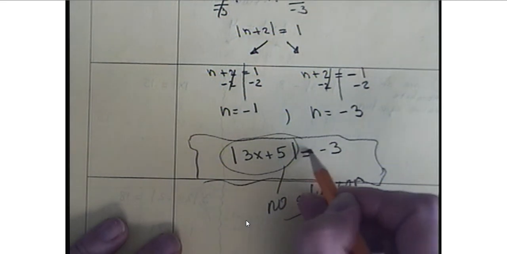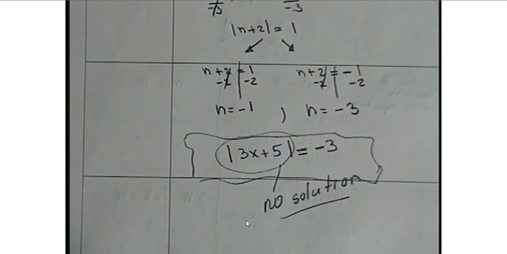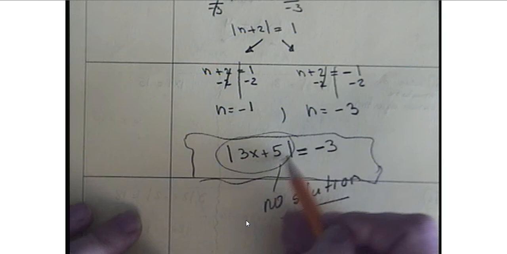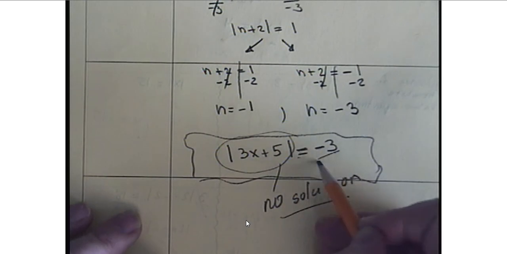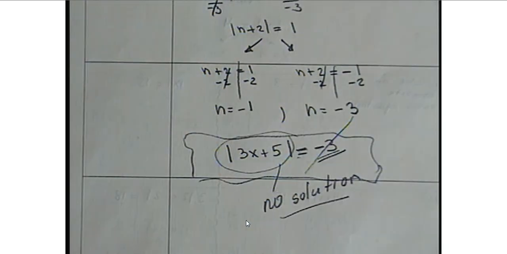Well, we can't have absolute value equal to a negative number. The absolute value itself, this whole thing, cannot be equal to a negative number. This is just wrong, not possible. All absolute values should be equal to a positive number. This is the only way we can find the solutions and work the examples.